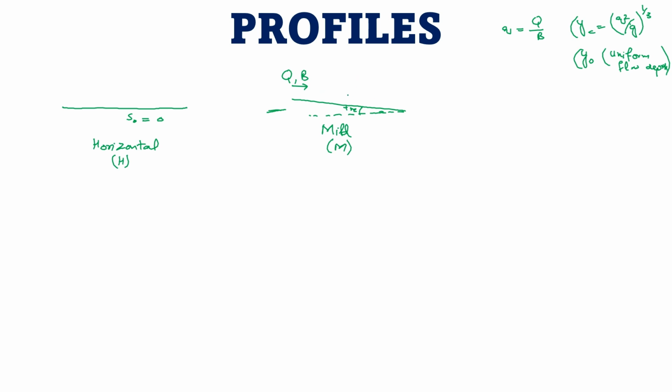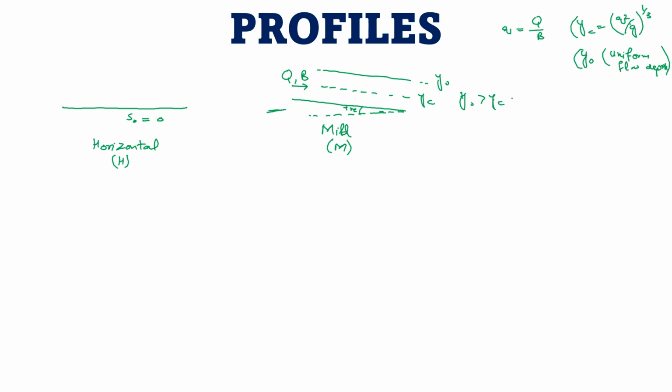If the critical flow depth Yc is lesser as compared to Y naught, that is, if Y naught is greater than Yc, then the slope of the channel will be considered as a mild slope.